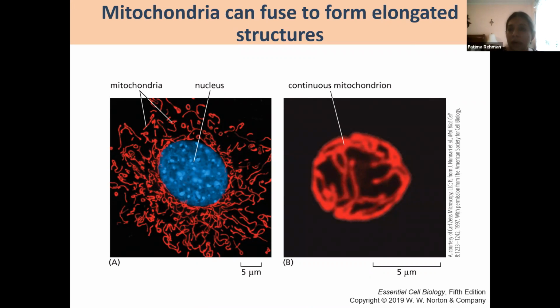When they form these structures, it is because they are fusing next to each other to make long tubes where individual mitochondria have a continuous intermembrane space to help us harness more energy.